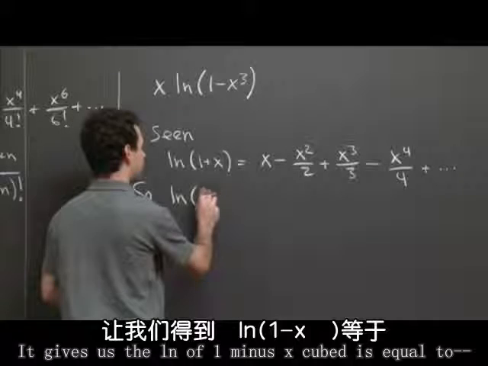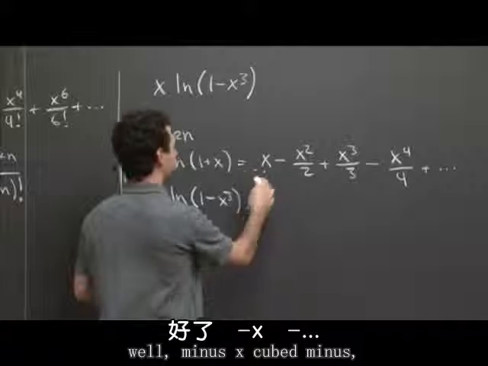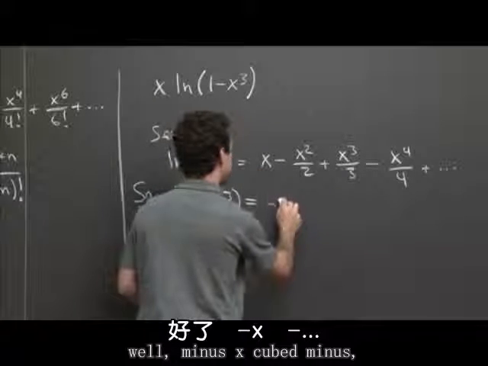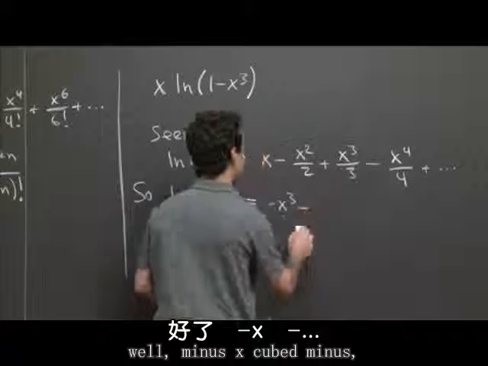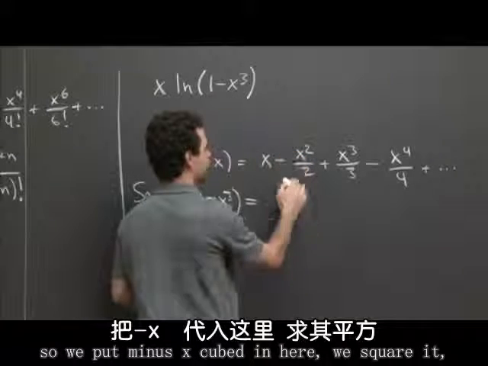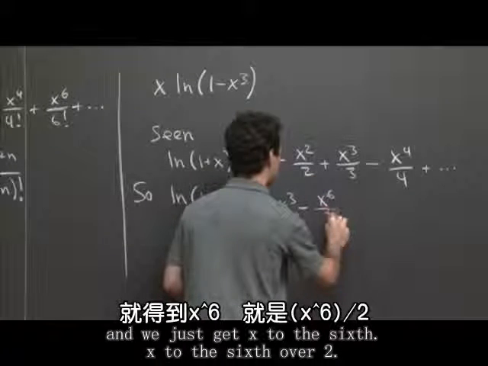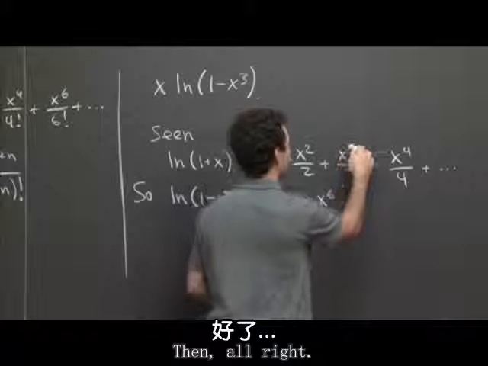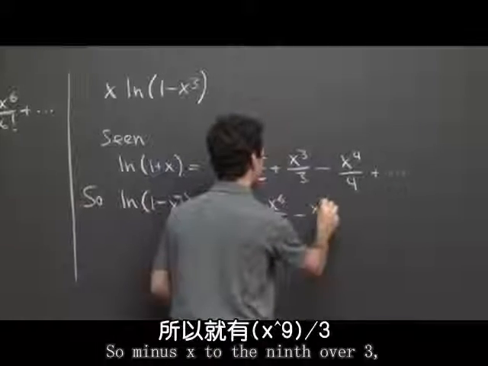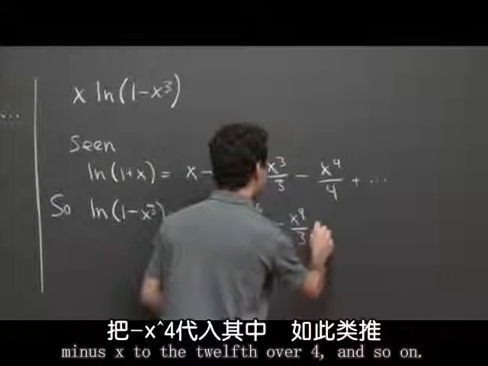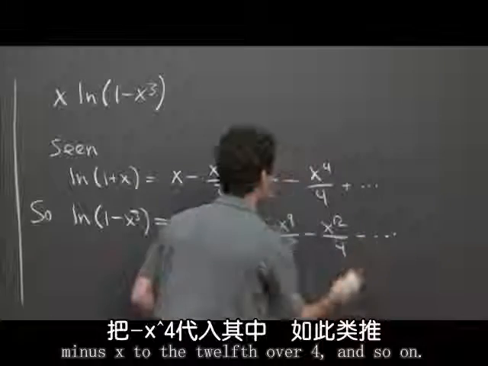It gives us that ln of 1 minus x cubed is equal to minus x cubed minus, we put minus x cubed in here, we square it, and we just get x to the 6th. So x to the 6th over 2. Then minus x cubed, quantity cubed, is minus x to the 9th. So minus x to the 9th over 3, minus x to the 12th over 4, and so on.